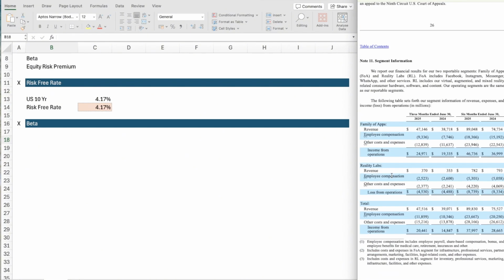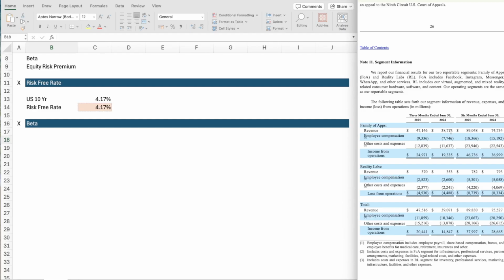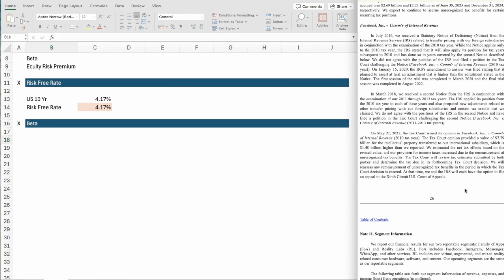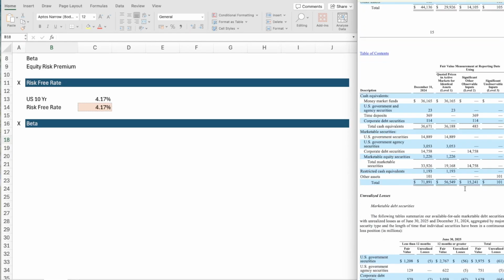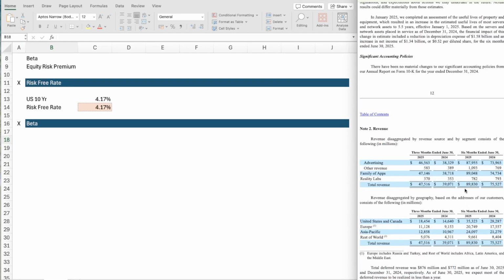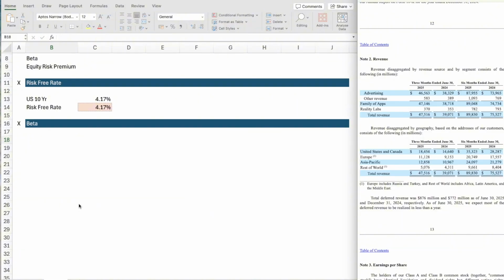So for the 6 months ended, 89 billion came from the apps, so WhatsApp, Instagram, Facebook, and then Reality Labs was 782 million. So it's a drop in the ocean. So really, we're going to put Facebook as an advertising company. Let's do that.